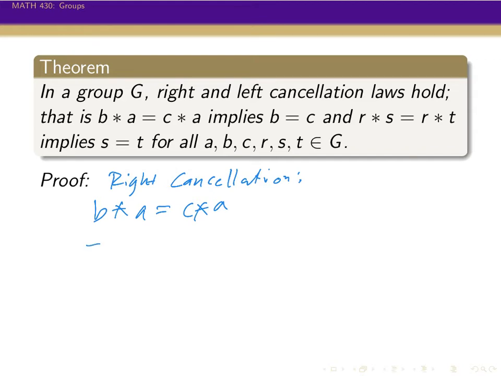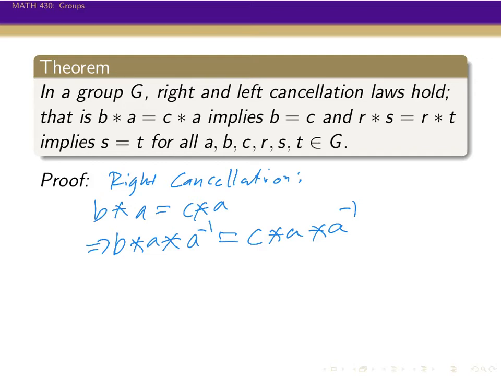And so I can apply that inverse element to the right side on both of these. So I can do B star A and then apply A inverse, and that's going to give me the same thing as C star A, and then apply A inverse. This is coming from the fact that B star A is equal to C star A.